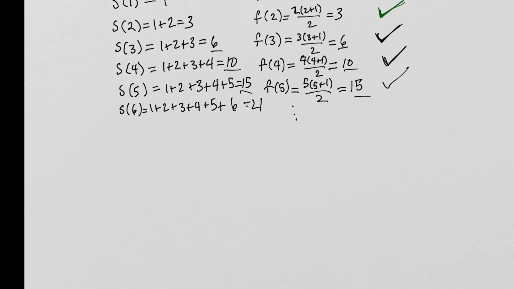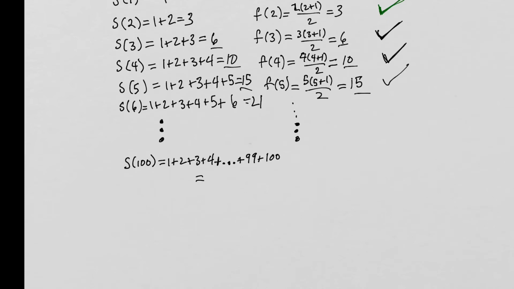Let's pretend, though, that I decided to do some work for you. And I've already calculated up to S of 100. I actually wrote the whole thing down, this whole table, plus 99, plus 100, and I found that when you add all of that up, you get 5,050.